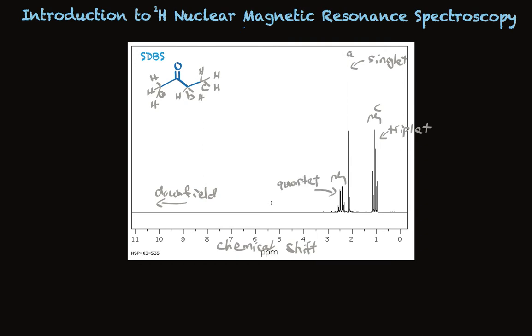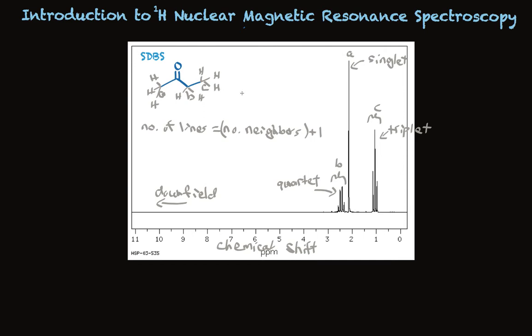Now, what's the explanation for this? By the way, this is B. The formula for the number of lines we see for that certain type of hydrogen equals the number of neighbors plus 1. So, for example, when we look at the signal for B, there are 3 neighbors. 3 plus 1 is 4.